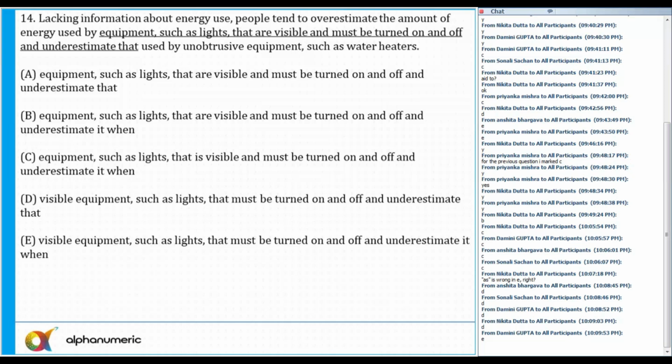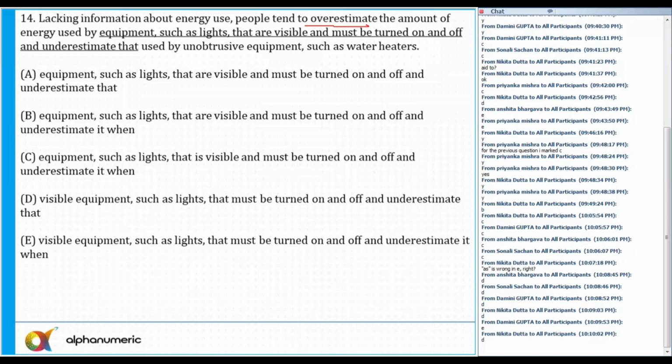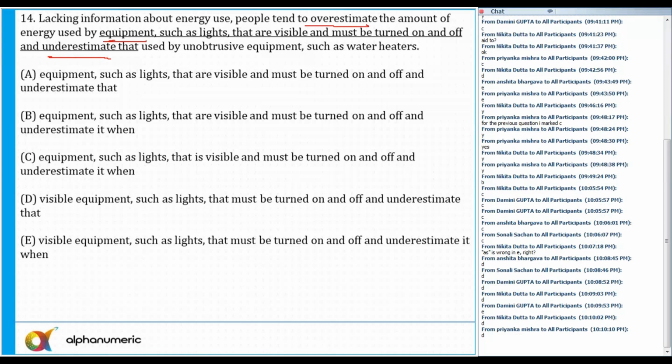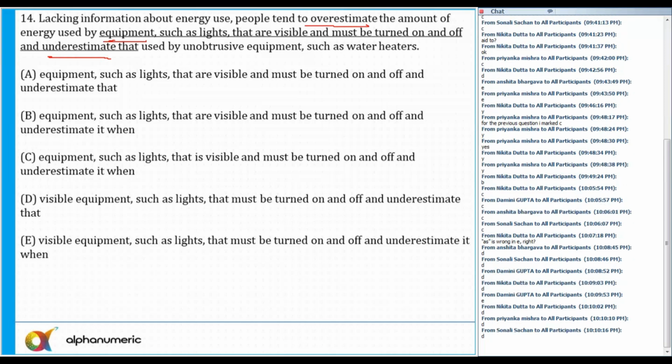Okay, just a minute. We overestimate equipment, blah blah blah, and underestimate x, underestimate y. X and y have to be parallel.